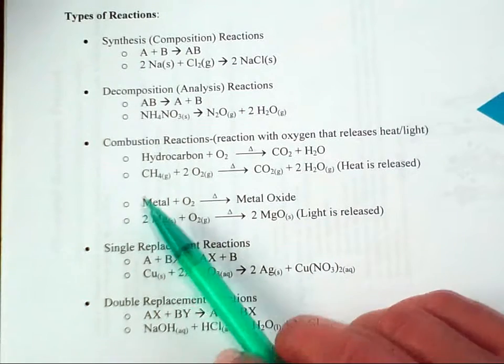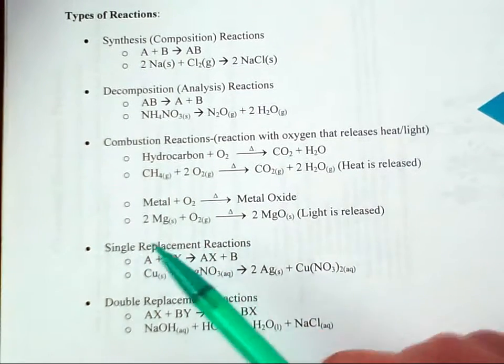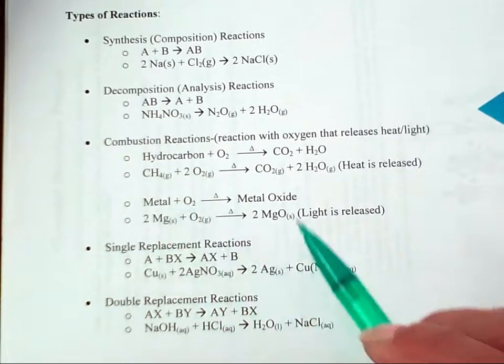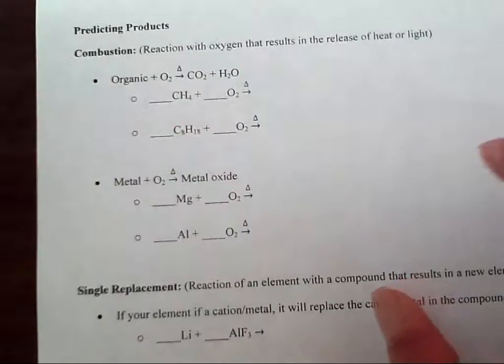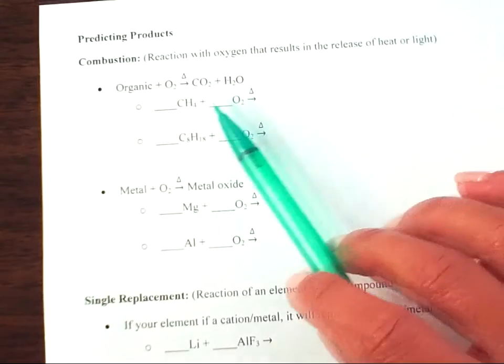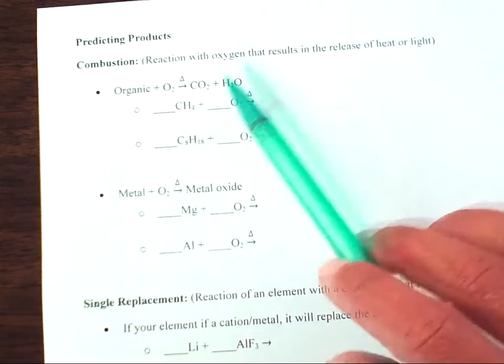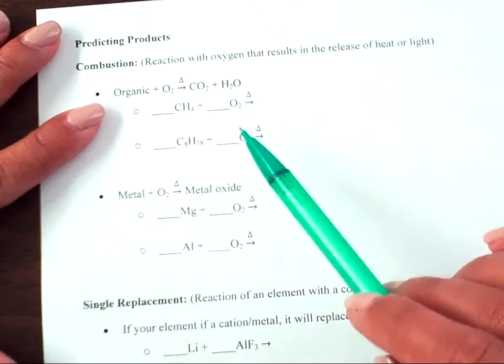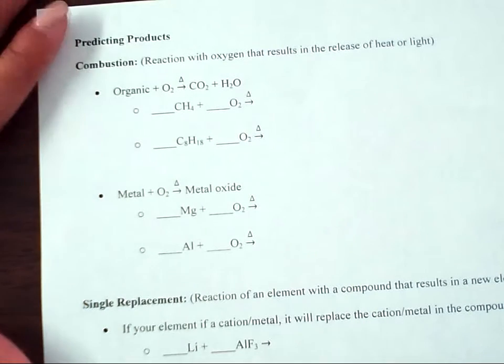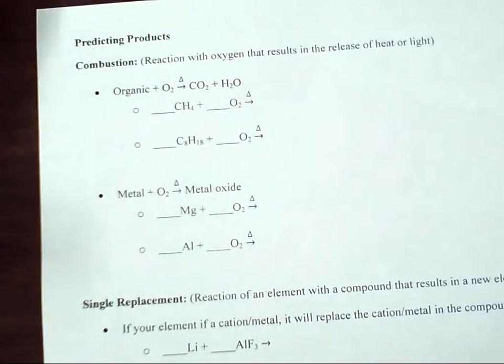Or there's the other variation of combustion reactions, which would be a metal with an oxygen to form a metal oxide. So when you see only the beginning of a reaction, it should help you by realizing that you yourself can predict the products simply by seeing the beginning.